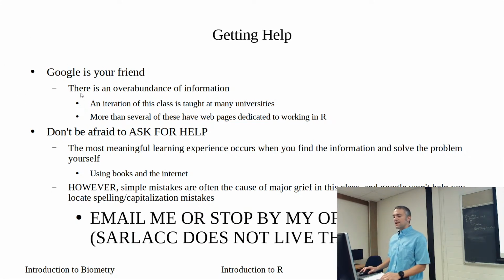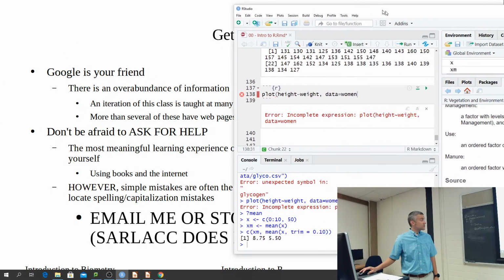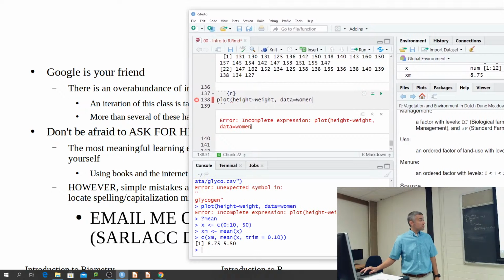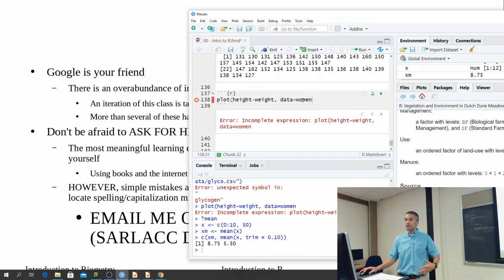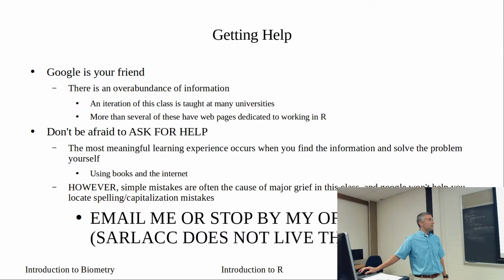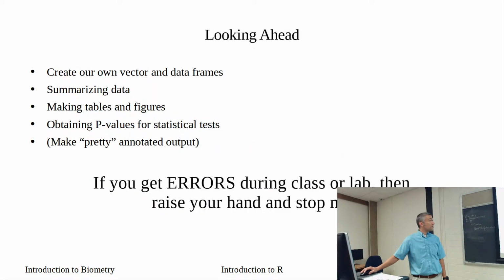So you can't just say, hey, I'm getting this error that says incomplete expression, right? Incomplete expression. That doesn't mean anything to me. I need, basically all of this, the code and then the error message. So I can look at the code and say, oh yeah, okay, yeah, you're missing the parentheses. That's all it is. You'll say, really, that's it? Yeah, I'll say, yep. So yeah, email me, stop by my office. It is no problem. We can help you out.